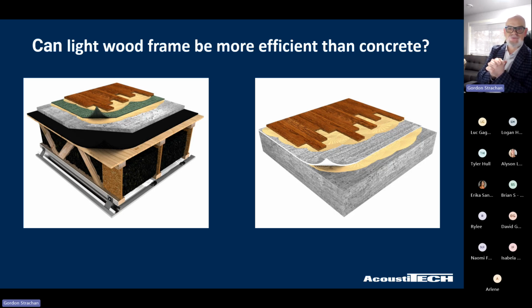I have three, four different acoustic products in that assembly. That concrete structure, one. You see, one product, and we'll touch on why as we go forward. But concrete, like I mentioned, has that high STC, that ability to stop sound transmission to start with. Wood does not have that, so it needs more layers and more effort put into it to achieve that.